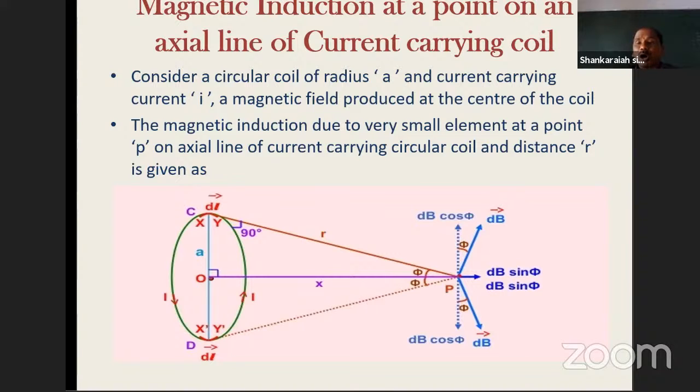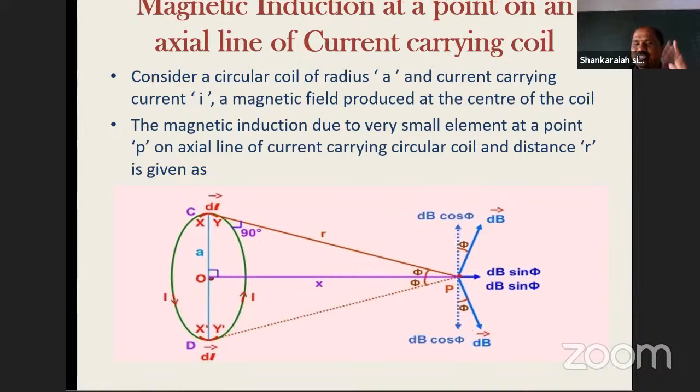Under root of P minus Q whole square, the square root cancels, so R equals P minus Q. P is dB cos phi and Q is dB cos phi, so dB cos phi minus dB cos phi is nothing but 0.